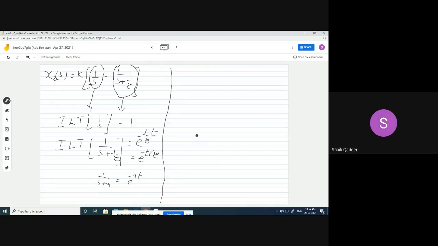Therefore, in place of this I can write xo of t. Correct? K, because it is constant. The inverse of 1 by s is, sorry, not t, it is 1. So it is 1 minus e to the power minus t divided by tau, since the inverse of 1 by s plus 1 by tau is e to the power minus t divided by tau.